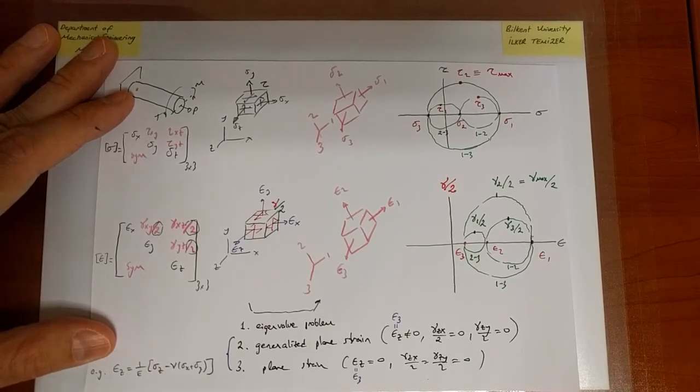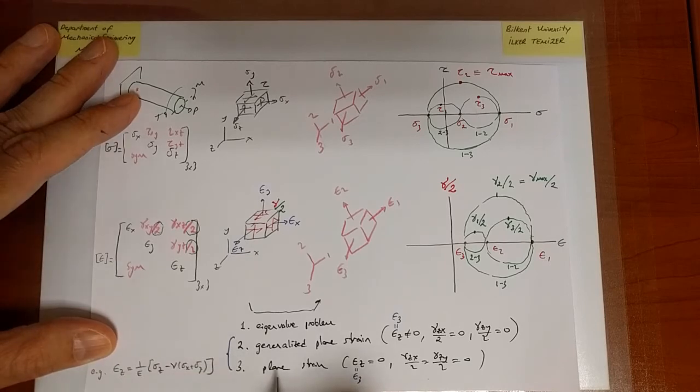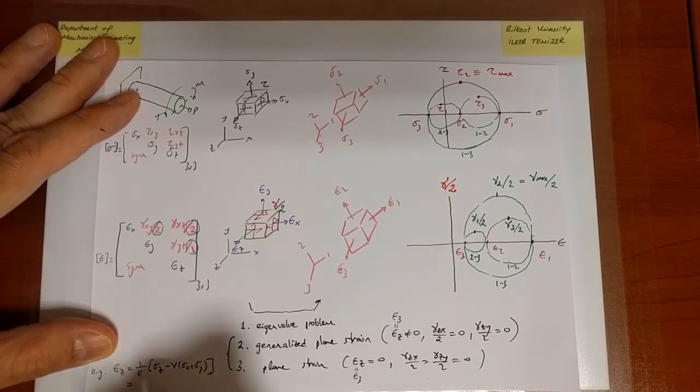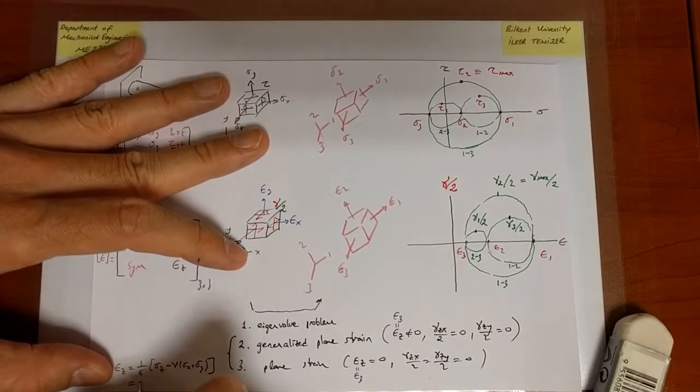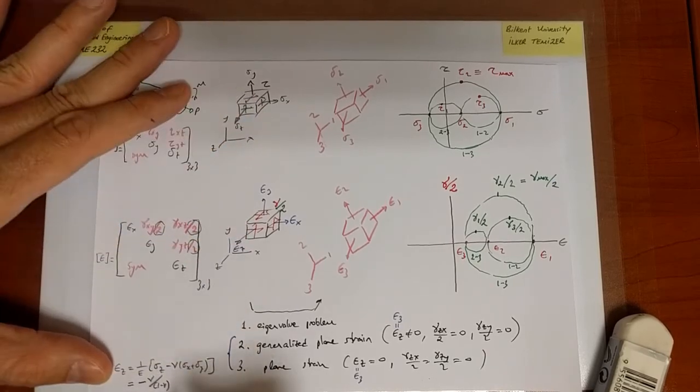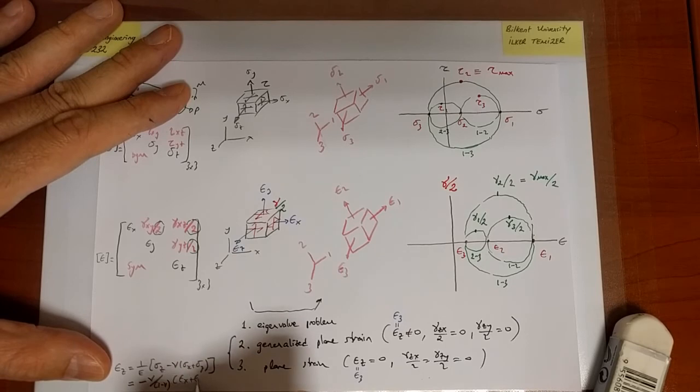In particular, I invite you to show that if we have a state of plane stress, then the corresponding state of strain is generalized, with the value, if we have isotropy, just carrying on through the equations, equal to minus nu divided by 1 minus nu, multiplying epsilon x plus epsilon y.